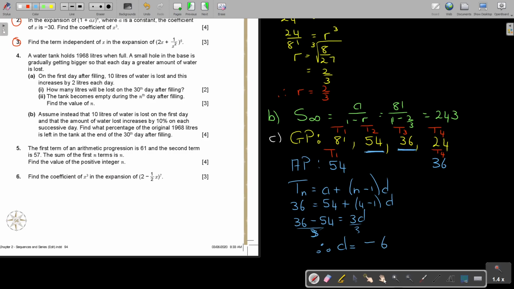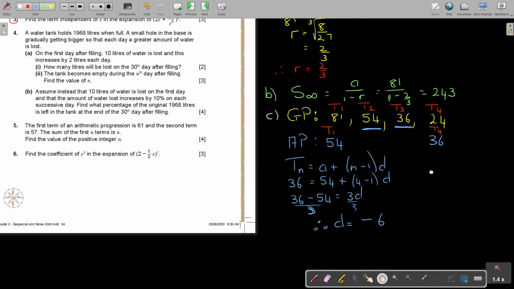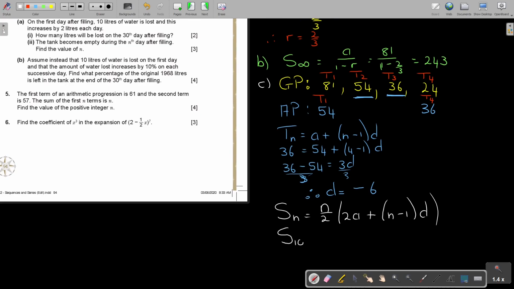But what was the question? Let's go back to the question. The question is find the sum of the first 10 terms. So that was just to help me to find the sum of the first 10 terms. So I know the formula for Sn is n over 2 times bracket 2a plus bracket n minus 1 d. So if I find S10, it's 10 over 2 times 2a, remember your a is 54, and this is 10 minus 1, value of d is -6.